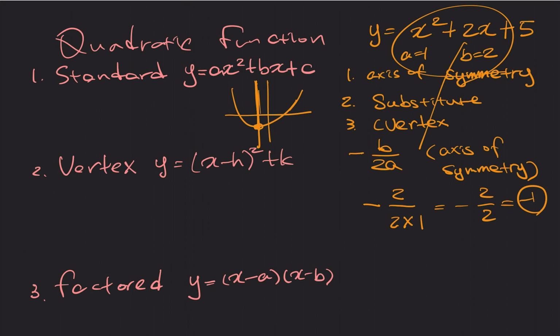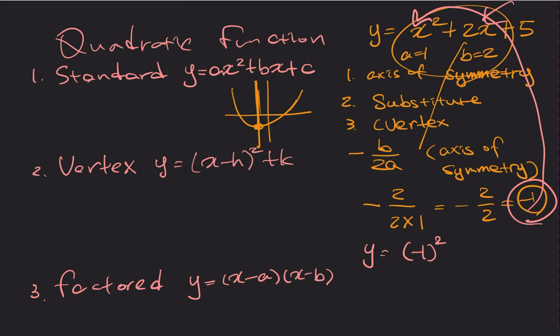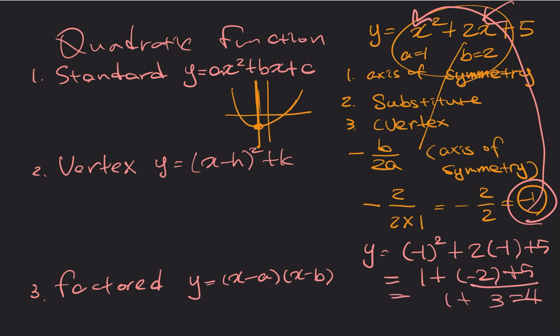So with minus 1, you're going to substitute minus 1 for x. Then y is minus 1 all squared plus 2 times minus 1 plus 5, which is 1 plus minus 2 plus 5, which is 4.